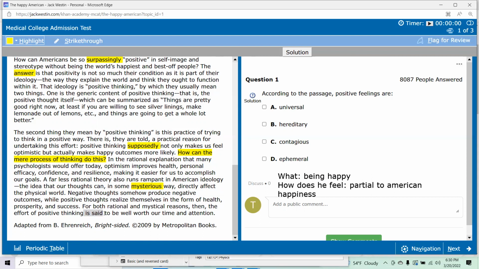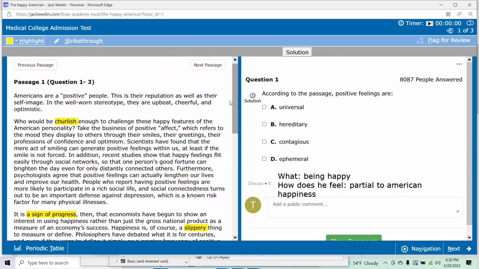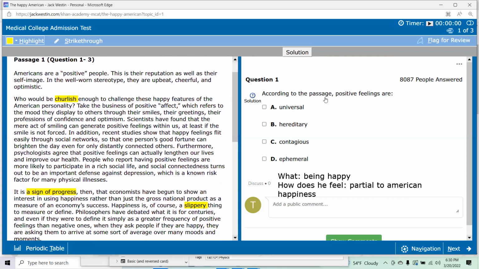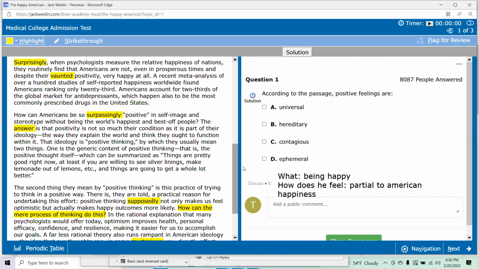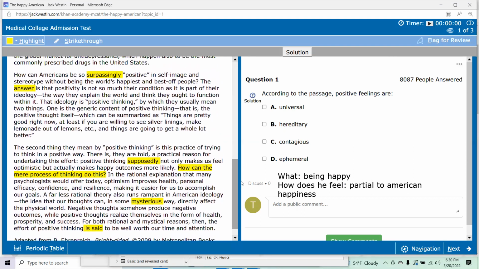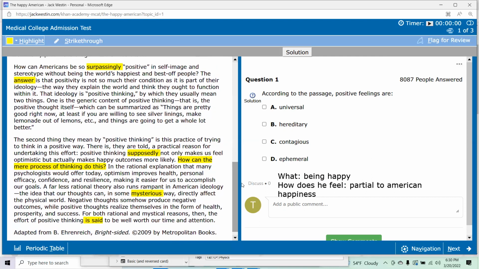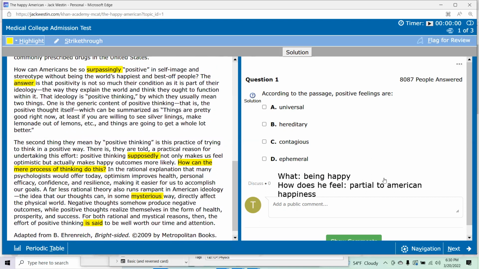So he himself didn't endorse it, but he said it's said to be well worth our time and attention. So right now we do see that he is partial to Americans. He said, hey, don't be churlish to Americans, but it's a little bit tricky about what he is talking about. Is he talking about their happiness or their attitude, right? So I will say partial to.